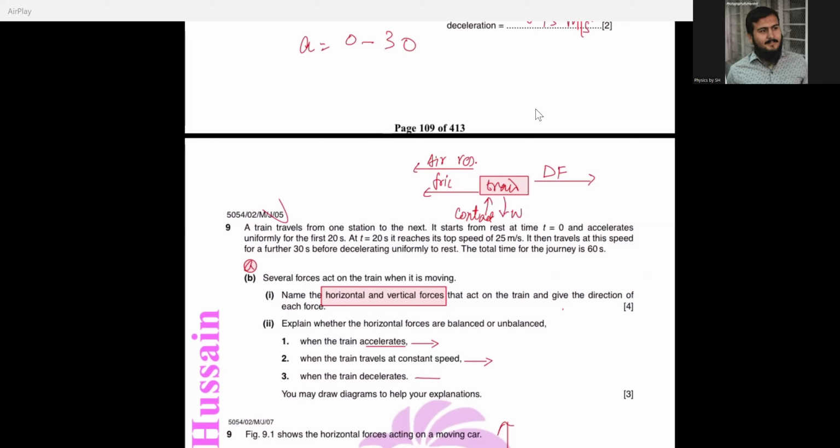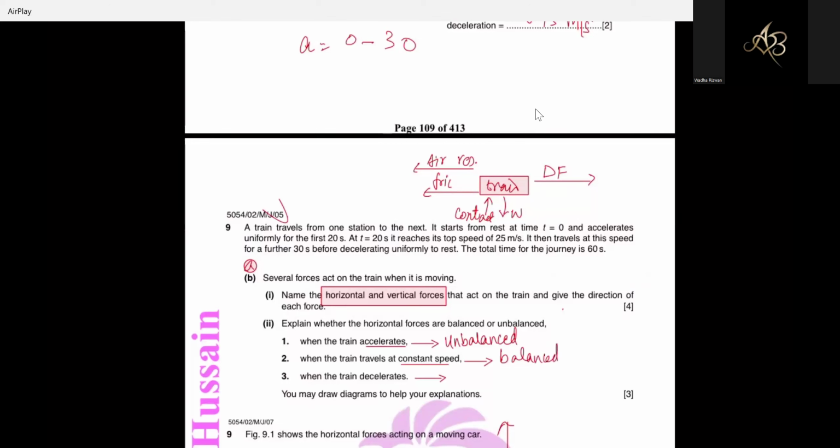Oh, when the train accelerates, the forces are unbalanced, and when the train travels at constant speed, it is balanced, and when the train decelerates, the forces are unbalanced, right?